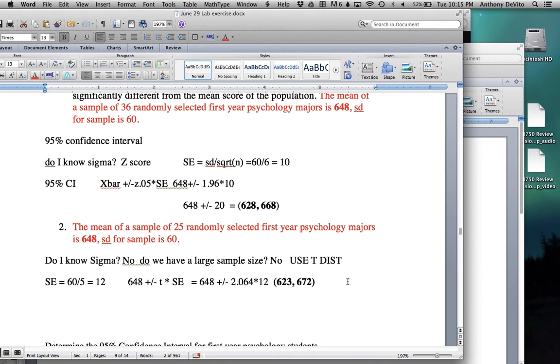And what's caused us to have that wider range? The fact that we had less confidence, so we had to use the t-score instead of the z-score, and also partly because the standard error is a larger number because we had that same effect from the smaller sample size. Okay, so that's the way that we would make a judgment as to what these were.